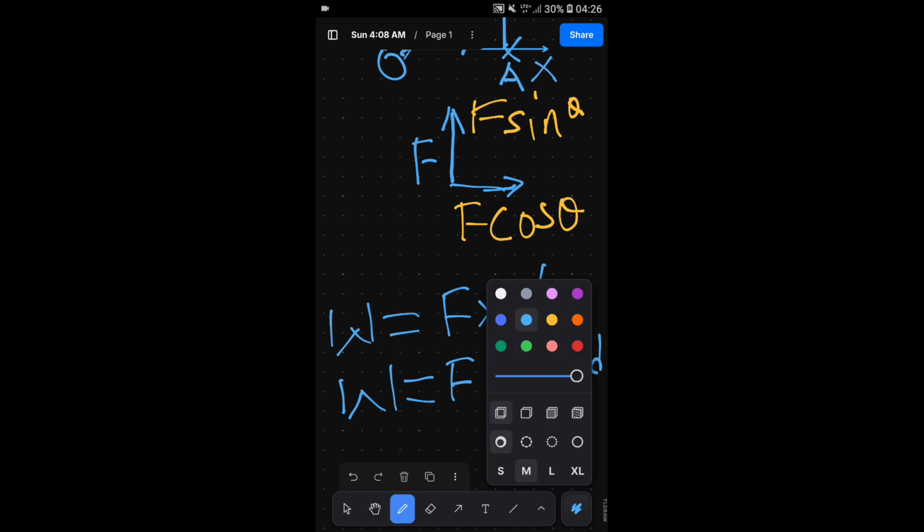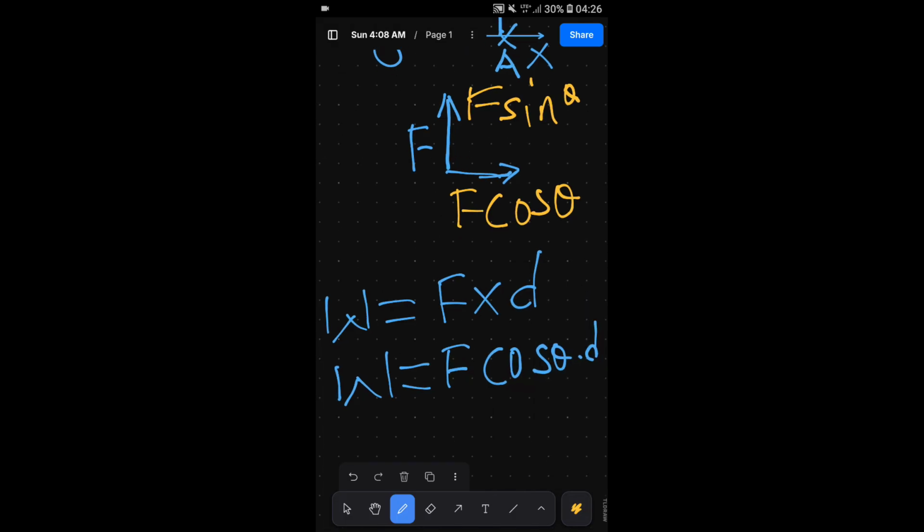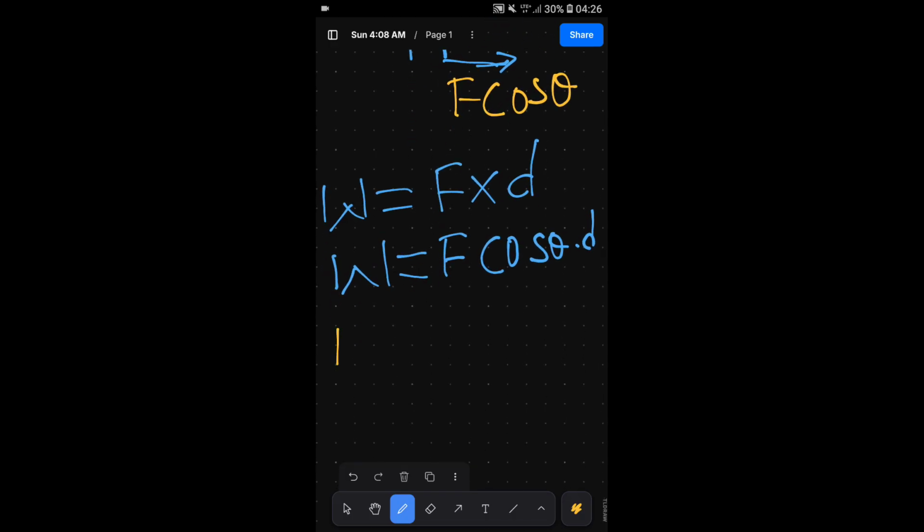I can write this clearly as W equals F d cos theta, and this is how we can derive the formula of work done for an object which is moving in the direction of motion and makes an angle with the horizontal.